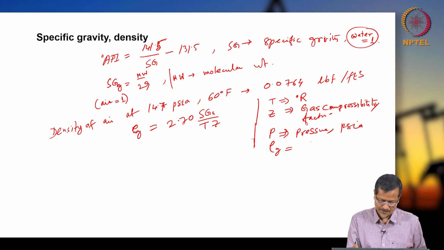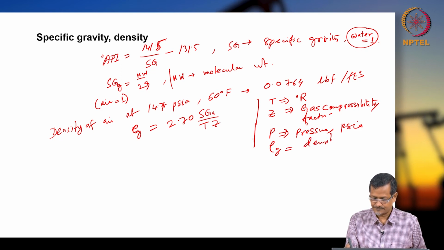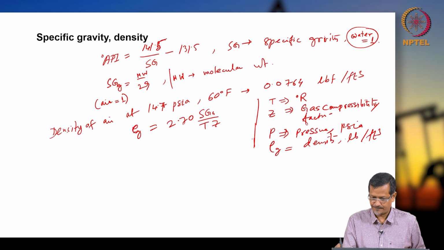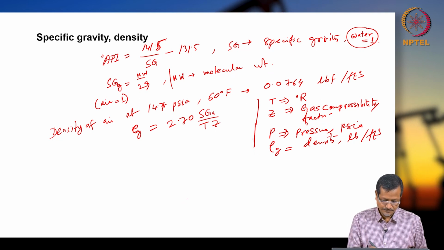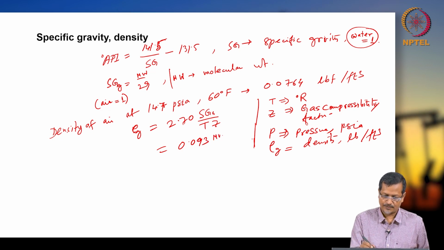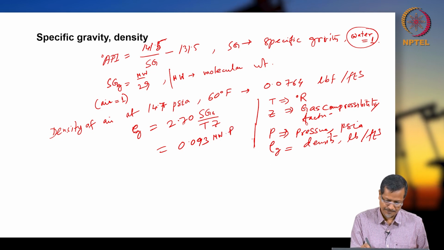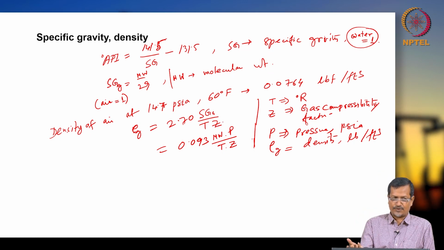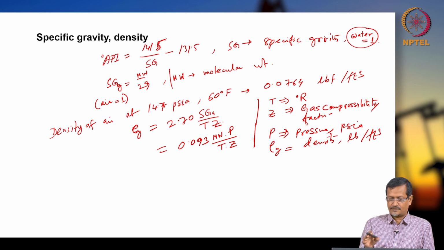Rho g is the density of gas, and the unit will be lb per cubic feet. This will give 0.093 MW P divided by TZ; not megawatt, it is molecular weight, and Z is compressibility. You should remember the units. If you mistakenly take some other unit, things will be wrong.